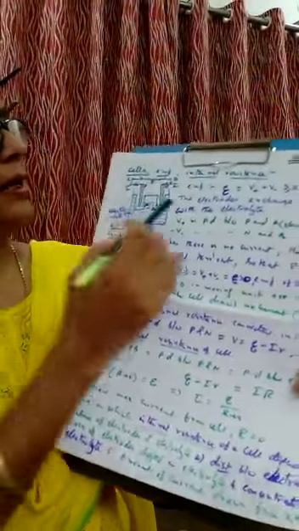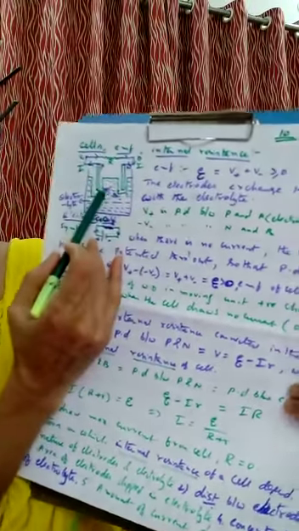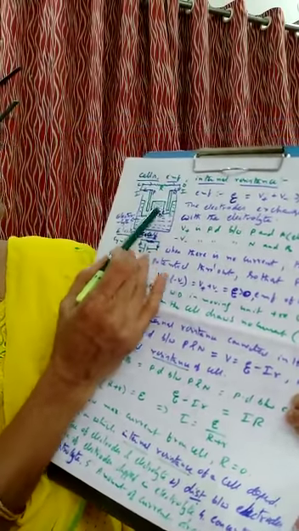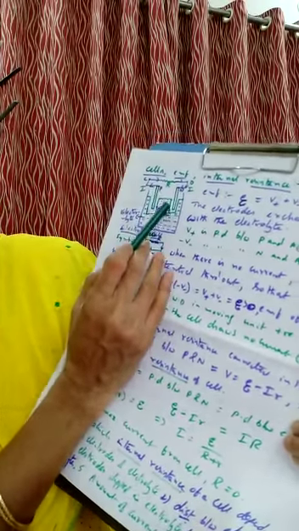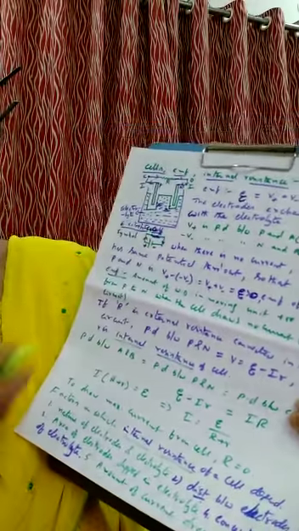Okay, so EMF of the cell. This is the structure of the cell here: electrolyte is there, positive electrode and negative electrode. To clarify the diagram, I have just shown it like this. Actually they are not separated. This is point A and this is point B, and this is P and this is N, the positive electrode and negative electrode here.